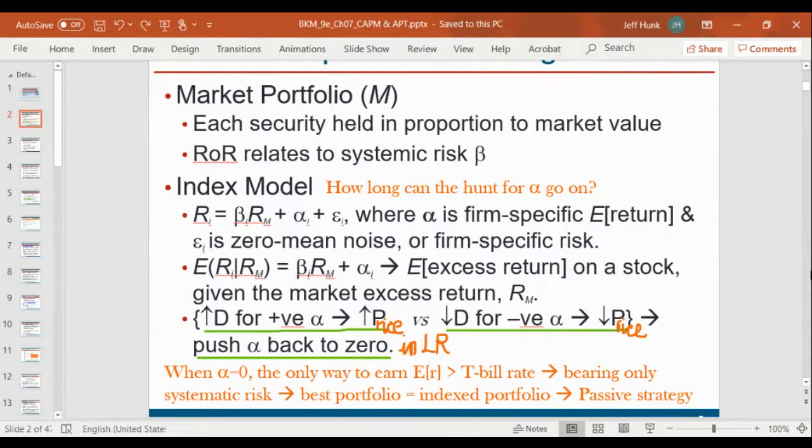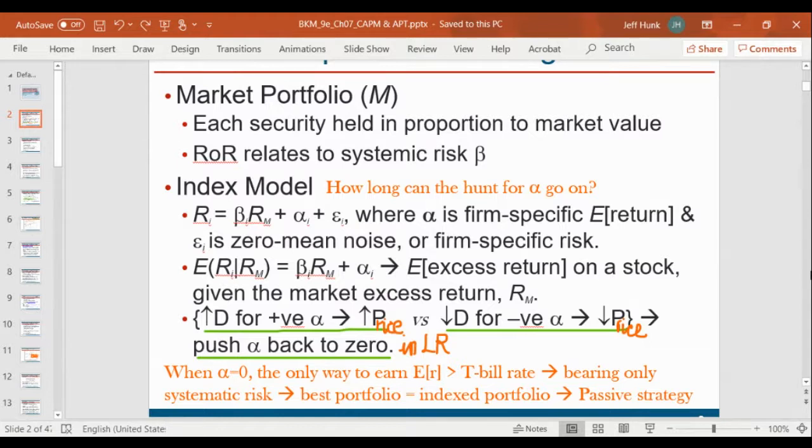And let's see how CAPM relates to the index model, because in the last chapter we already discussed the index model. Actually, the index model was not there first. Chronologically, historically, CAPM was developed first, and then the index model came about.